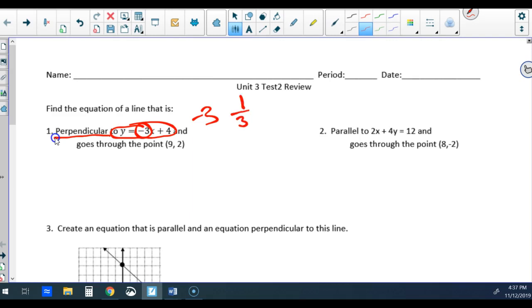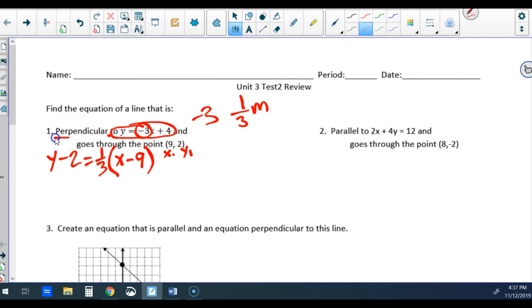So my slope has to be positive 1/3, and it has to go through (9, 2). So I have x1, y1, and here's my m. So I'm going to set up y minus 2 equals 1/3 times x minus 9.